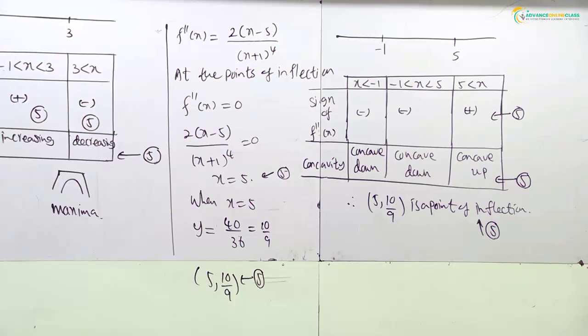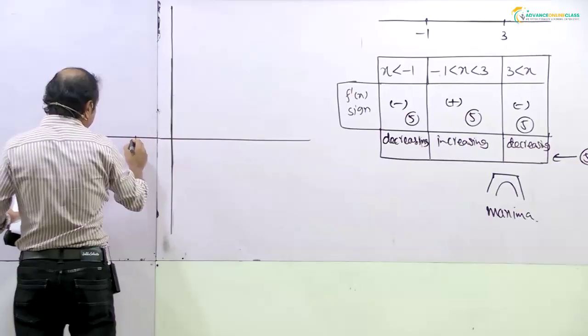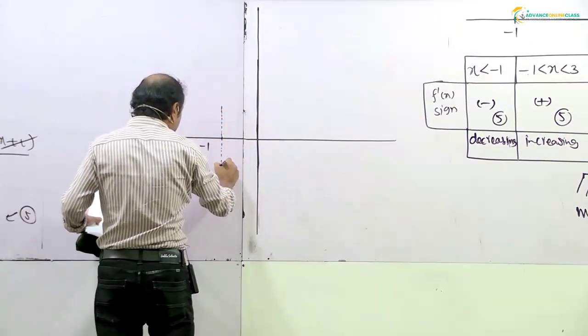Okay, no? x equals minus 1, we have a vertical asymptote here. y equals 1, we have a horizontal asymptote.